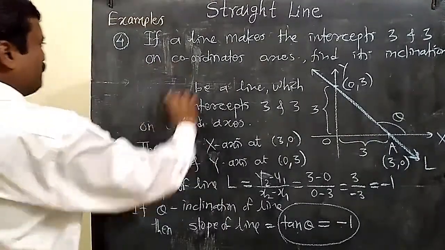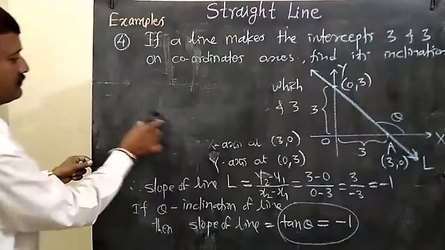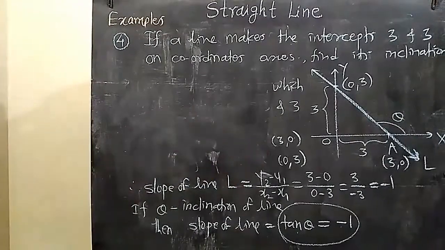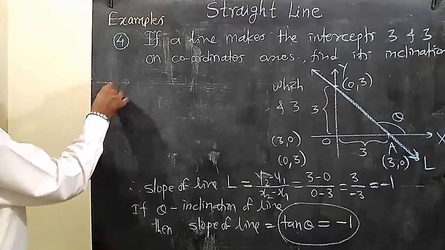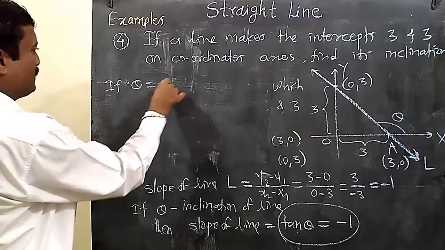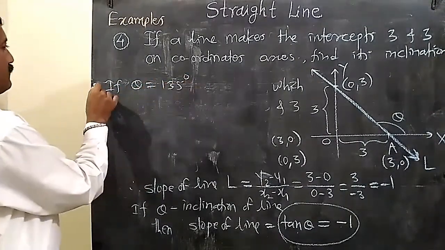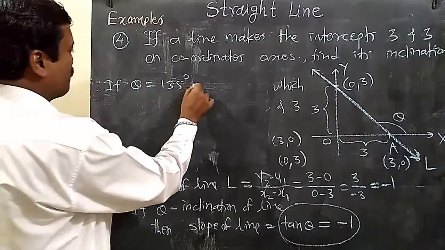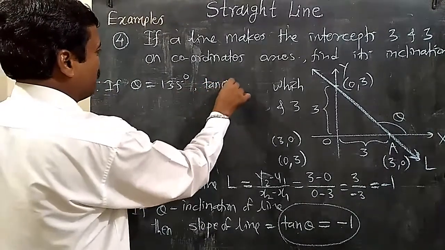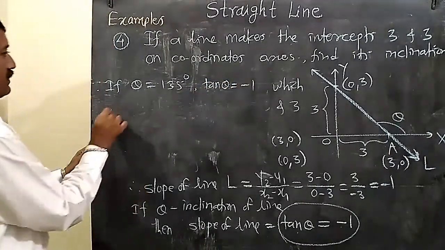So we can write here, if theta is equal to 135, then tan theta is equal to minus 1.